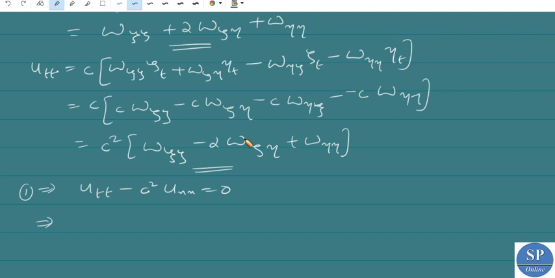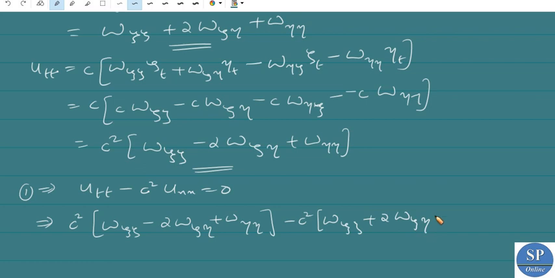That implies utt is this, so c square into w zeta zeta minus 2w zeta eta plus w eta eta, minus c square into uxx, this is uxx, so w zeta zeta plus 2w zeta eta plus w eta eta equal to 0.